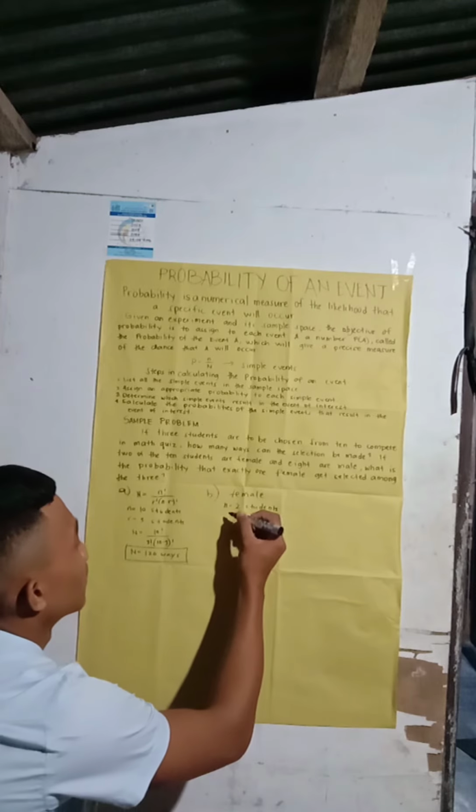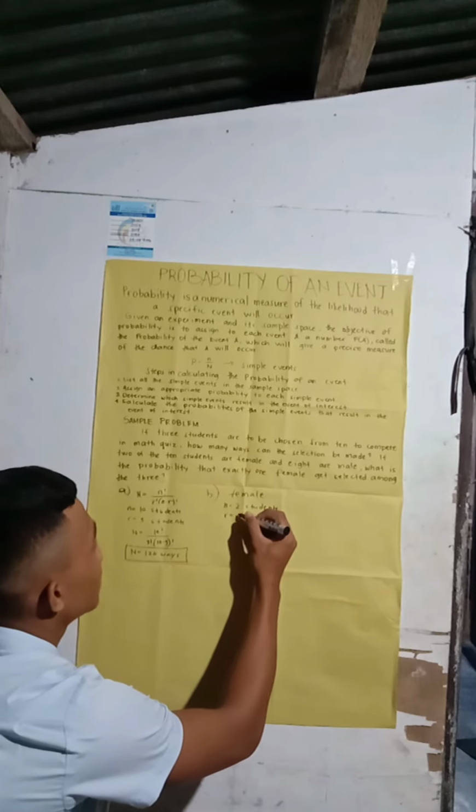For the female, the n is 2 since we have only 2 female in the 10 students. So our r is 1, since the condition is only 1 female to be selected.